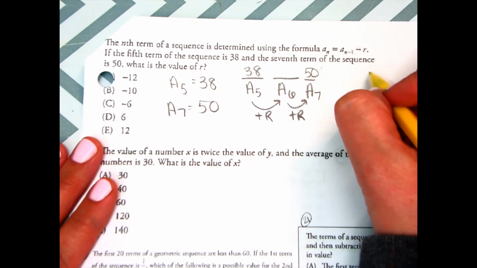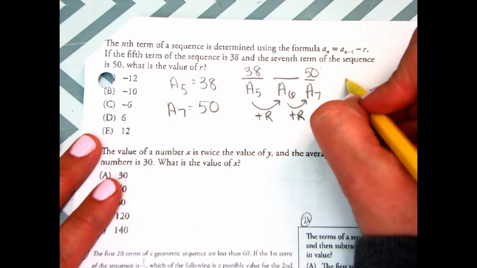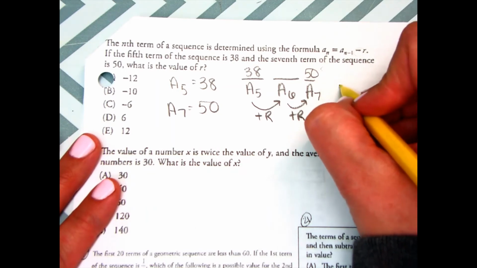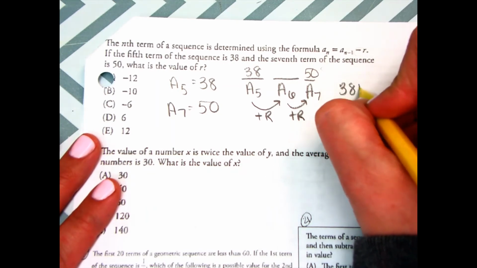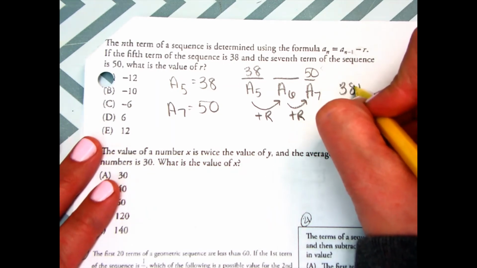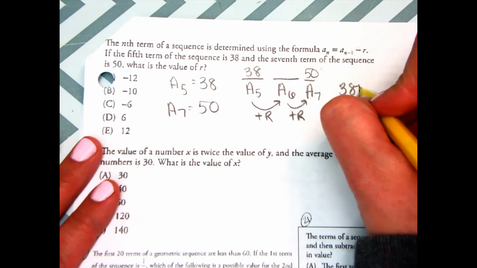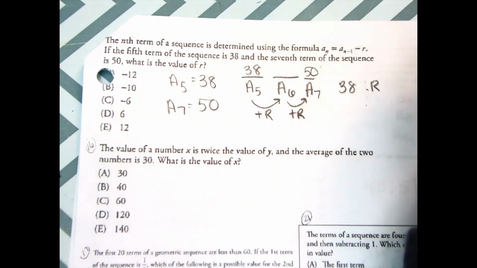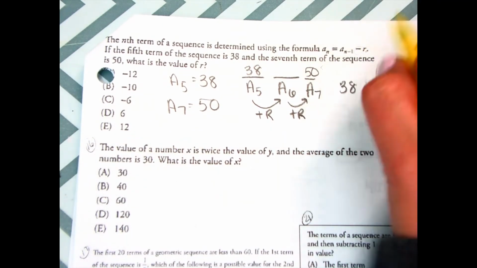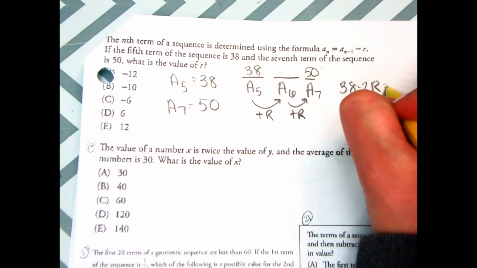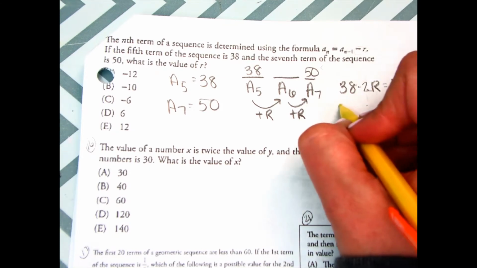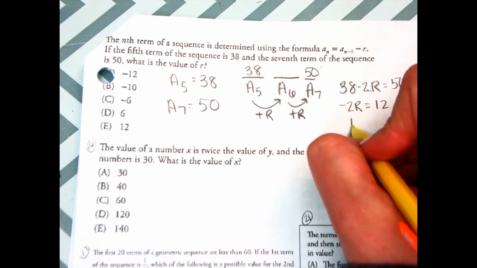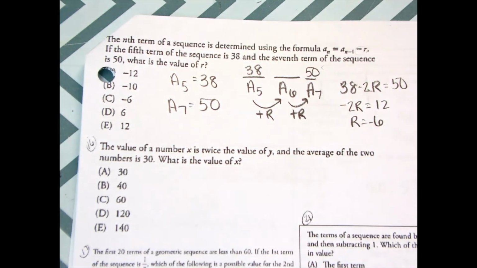So in here, I'm going to say 38 minus 2 r's, because we're trying to solve for r. Okay, and we know this r is negative, so minus 2r equals 50. So when you are solving, you're going to get 12, and when you divide by 2, you get negative 6.